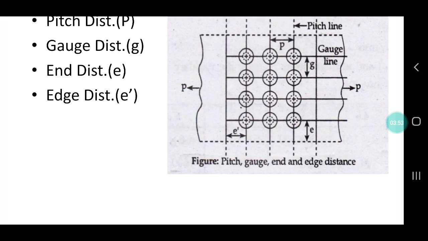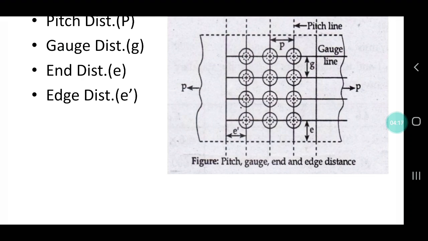End distance is the distance from the end of the member up to the center of the first bolt in the direction of applied force. Here you can see the end distance in the direction of force.